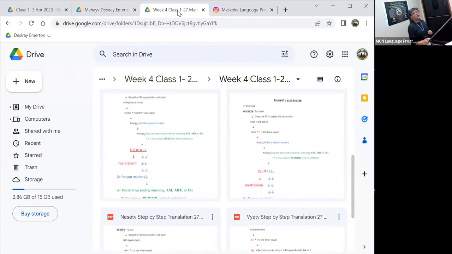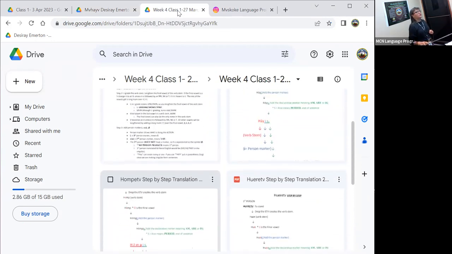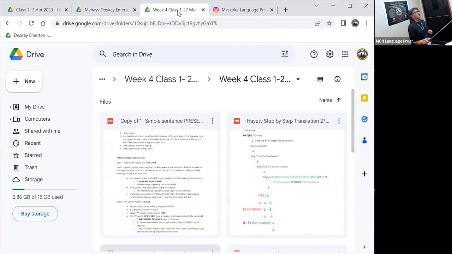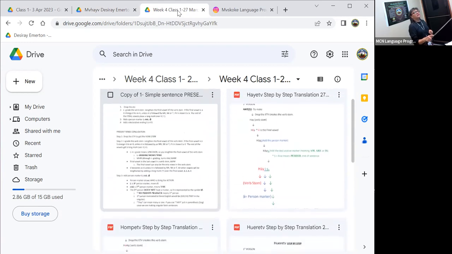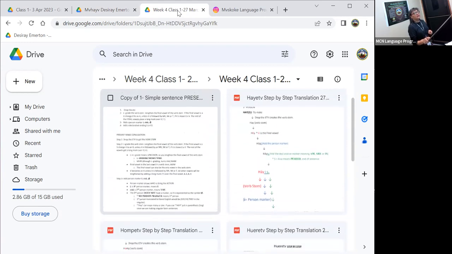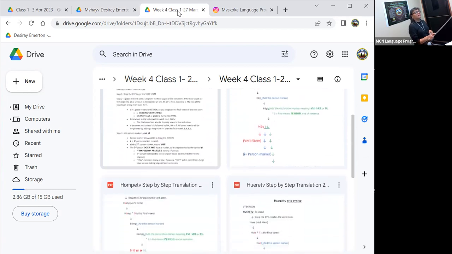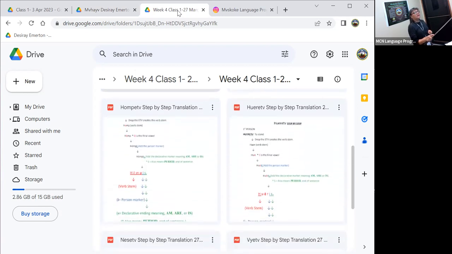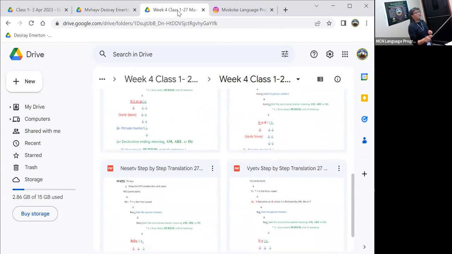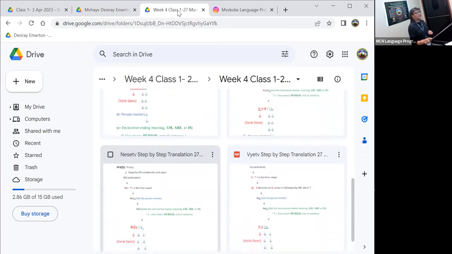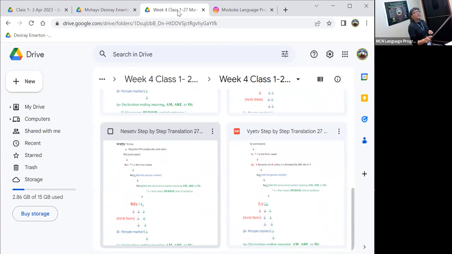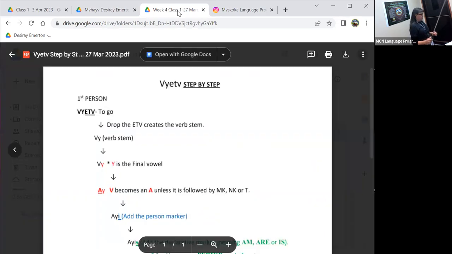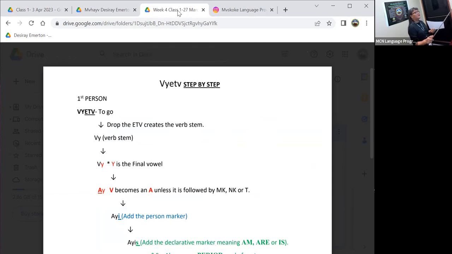Okay, so we went from the first person marker to, we are going to the second person. Well, let me go with this is still first person, but this is the one that I know people bring up a lot because you see how it starts out, ayida, to go.